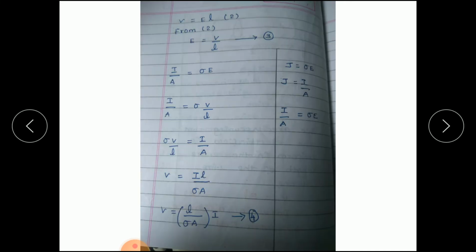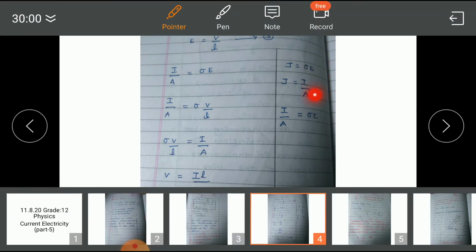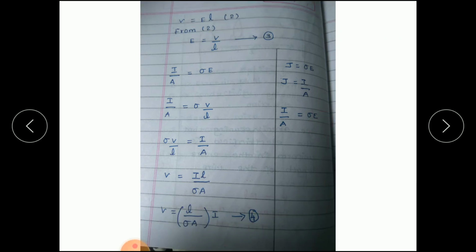Let's take the equation V is equal to EL. From this equation, we take the electric field alone, so E is equal to V by L. Now, we already know J is equal to sigma E, the microscopic form of Ohm's law, and also that J is equal to current divided by cross sectional area.